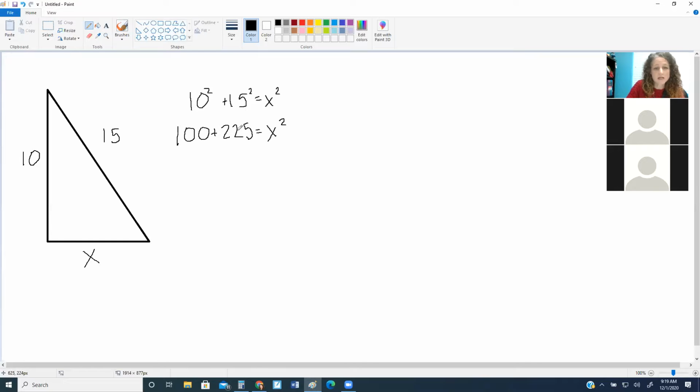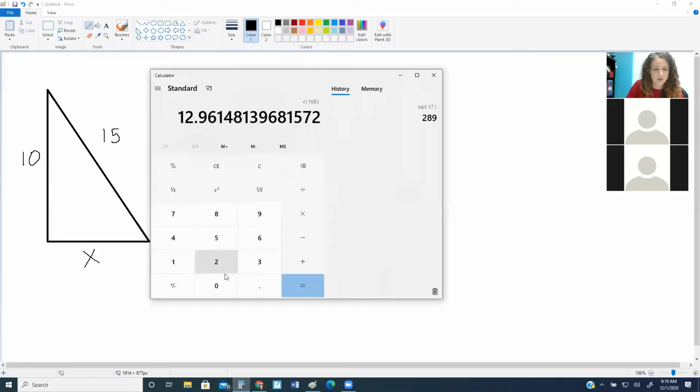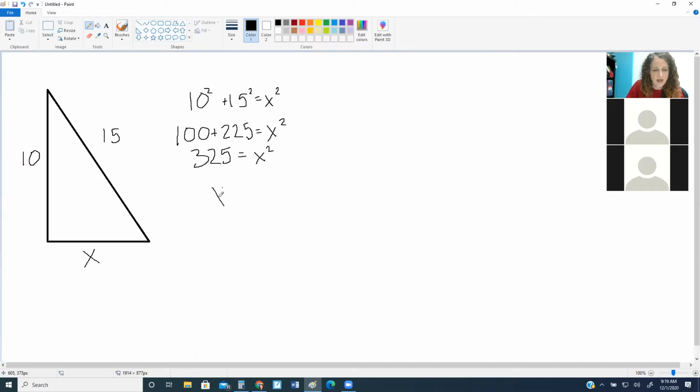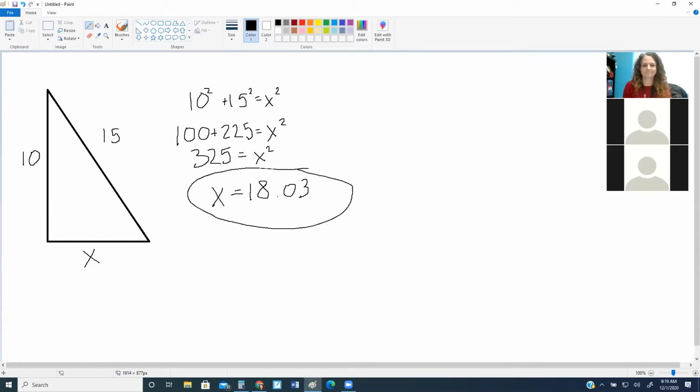So good. 100 plus 225 is 325 equals X squared. I do not know what the square root of 325 is. So I come over here, 325, square root it, 18.02, but I'm going to round it to 18.03. X equals 18.03. And I'm going to circle it because I am done and I am feeling good.